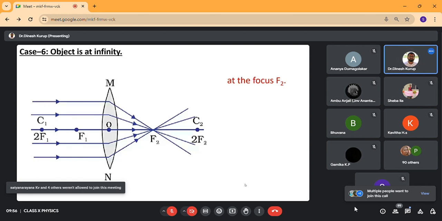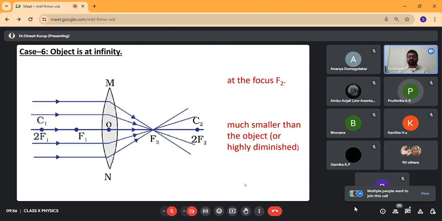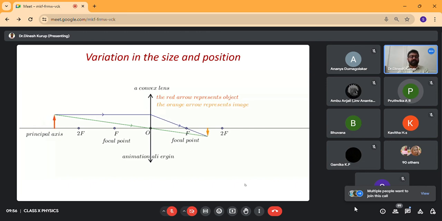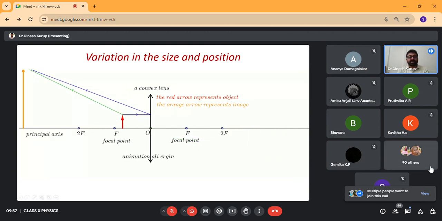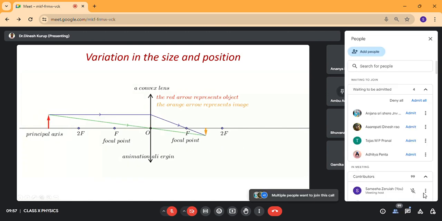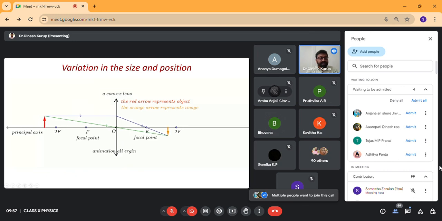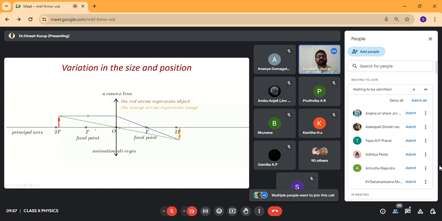Then object is at infinity. If the object is at infinity, then it will be formed at the focal point. See this animation. If the object is coming from a faraway point towards the focal point, up to the focal point the image will be magnified. Then beyond the focal point, it forms a virtual image. This is a beautiful illustration because the object is coming from infinity towards the focal point.